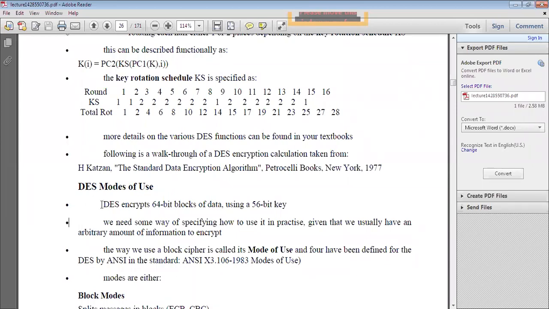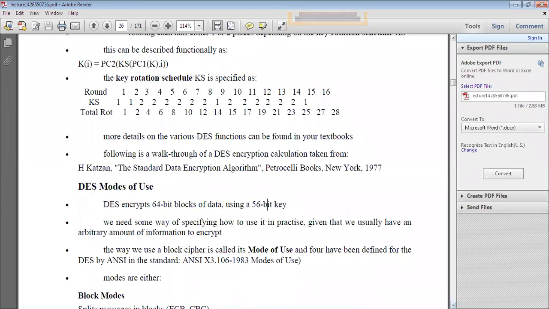The DES algorithm encrypts 64-bit blocks of data using a 56-bit key. Already we have discussed it. So enter the plain text, whichever plain text you want to convert. That plain text must be divided into 64-bit blocks along with the 56-bit key.